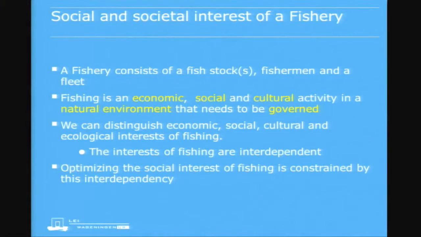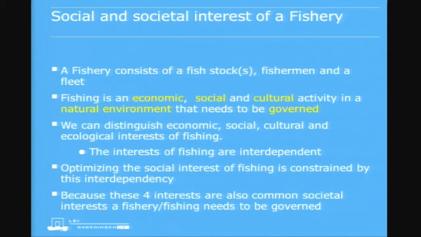So we can distinguish economic, social, cultural, and ecological interests of fishing, and these interests of fishing are interdependent. Optimizing the social interest of fishing is constrained by this interdependency. And because these four interests are also common societal interests together, a fishery or fishing needs to be governed. In what way? That depends on the situation. It can be top-down, it can be self-governance, but anyway, it needs to be governed.